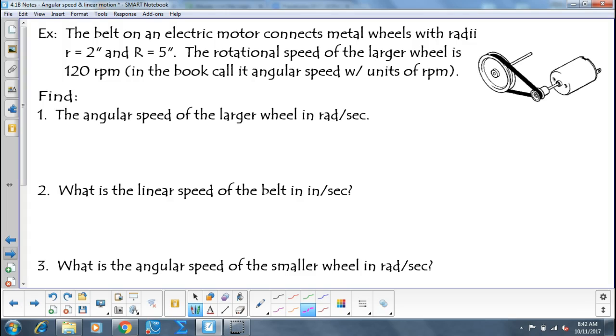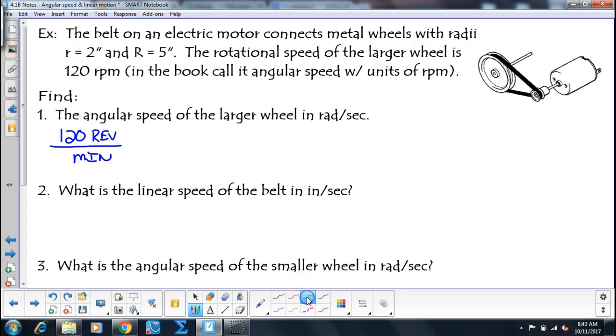Well, the larger wheel is spinning at 120 revolutions per minute. We want that in radians per second. Make that conversion for me, please.